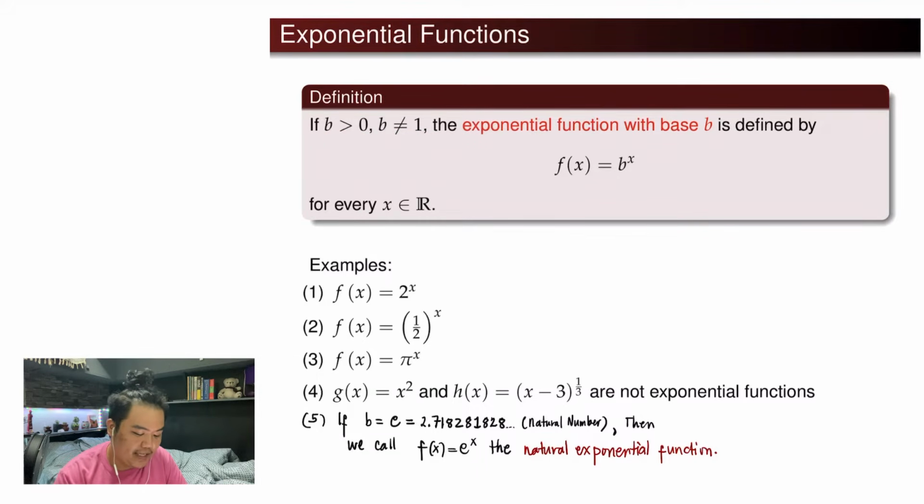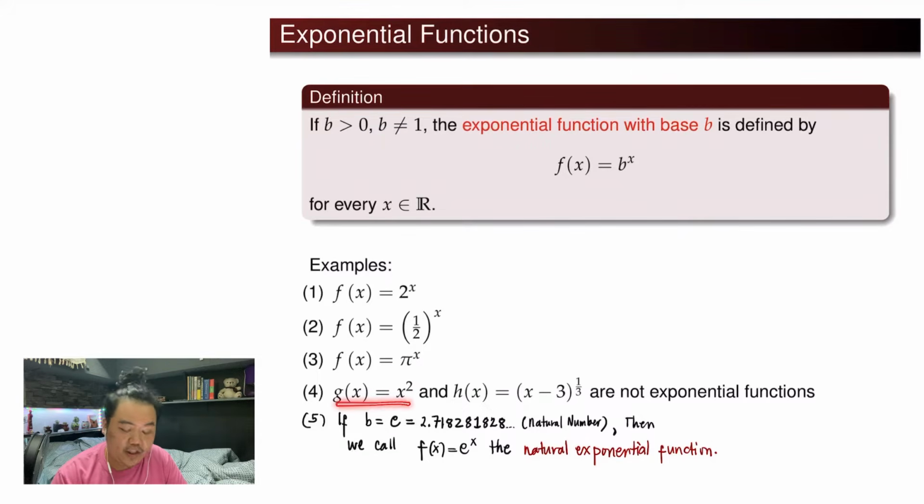Here are some examples. F of x equal to 2 raised to x because 2 is greater than 0, not equal to 1. F of x equal to 1 half raised to x. Your base is 1 half and 1 half is greater than 0, not equal to 1. Pi raised to x, that is another example of an exponential function because pi is greater than 0, not equal to 1.